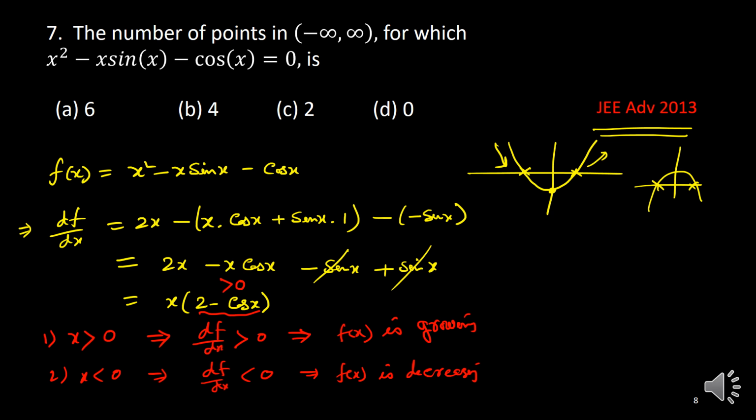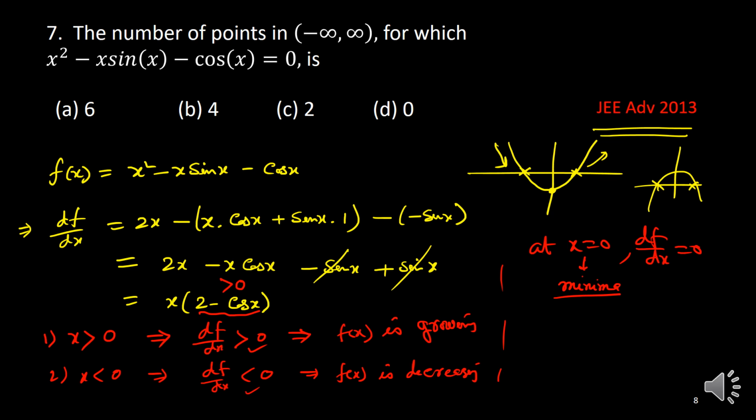For the positive side it is always positive, for the negative side it is always negative. So it is monotonically decreasing on the negative side, and at x equal to 0, df dx equals 0. That implies we are having a minima here.